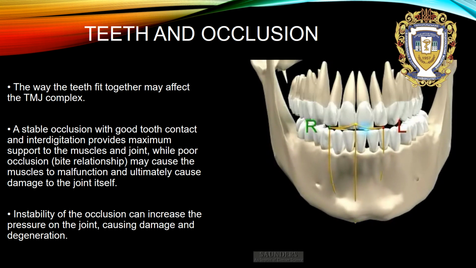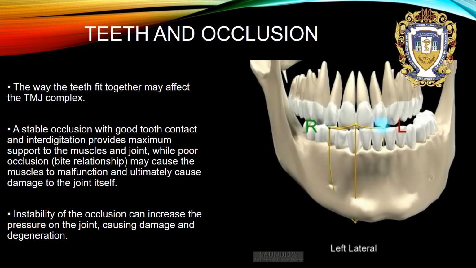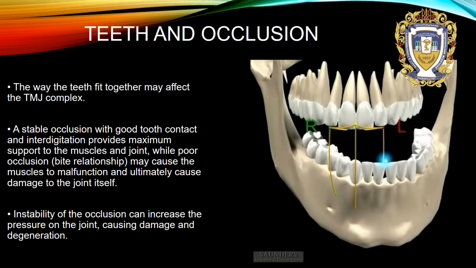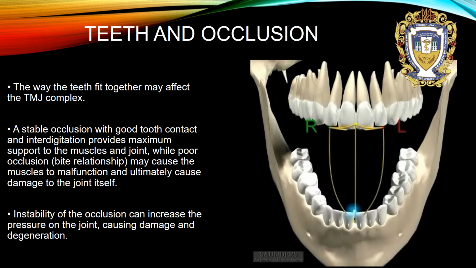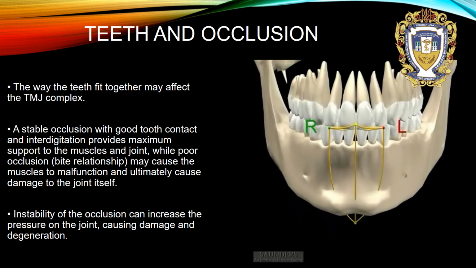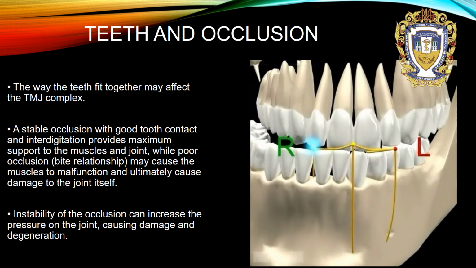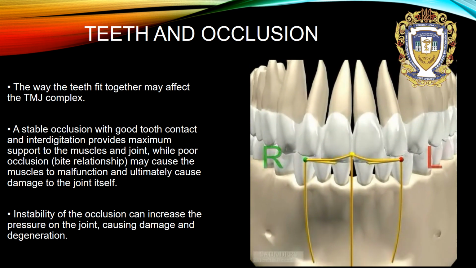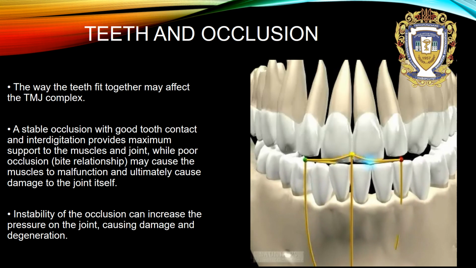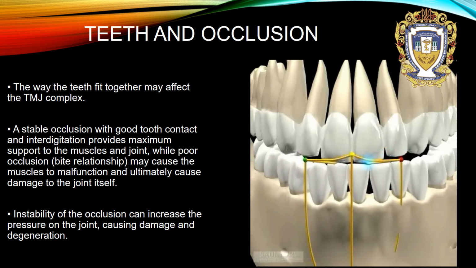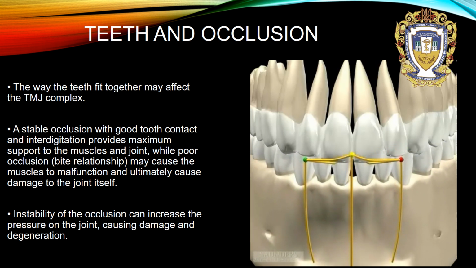A stable occlusion with good tooth contacts and interdigitation provides maximum support to the muscles and joint, while poor occlusion, a poor bite relationship, may cause the muscles to malfunction and ultimately cause damage to the joint itself. Instability of the occlusion can increase the pressure on the joint, causing damage and degeneration.